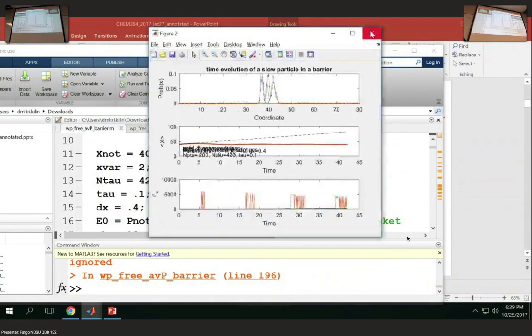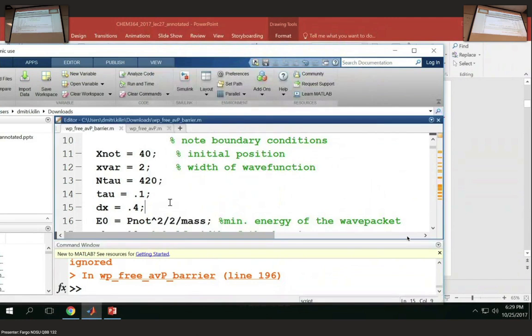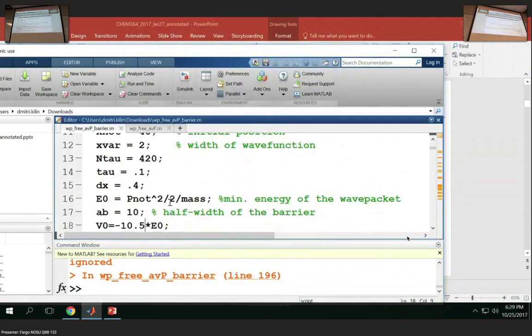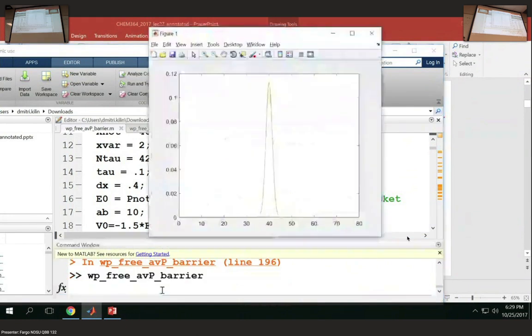Now we may change the ratio of the kinetic energy and height of the box and see whether it allows for the photo effect. So this means that we are exciting above the threshold and it does leave.